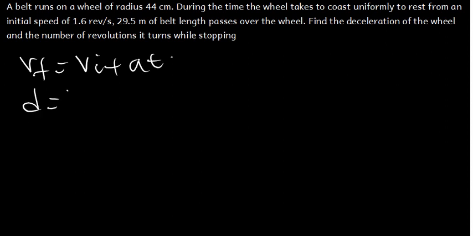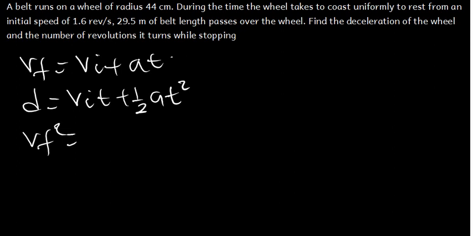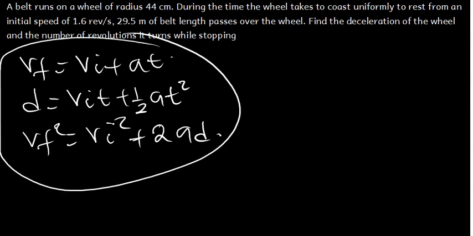The displacement is equal to v initial times time plus half a t squared. The third one is v final squared equals v initial squared plus 2 times acceleration times the displacement. So these formulas are for linear motion, which we call translational motion.